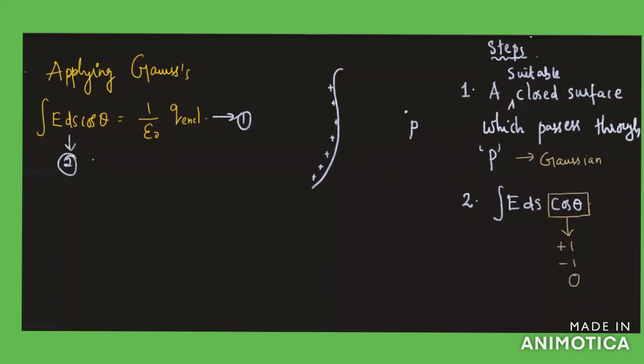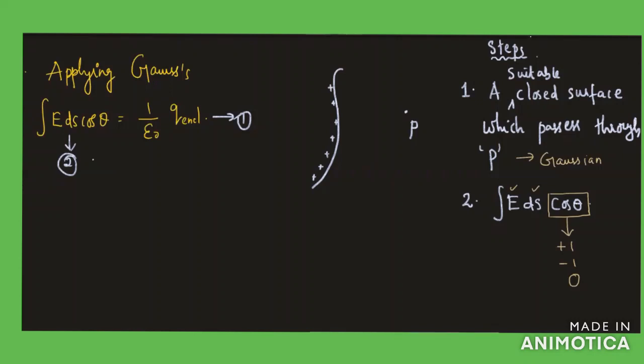It is convenient to select a surface on which at every point the angle between electric field and area vector is such that cos theta will be equal to +1 or -1 or 0.